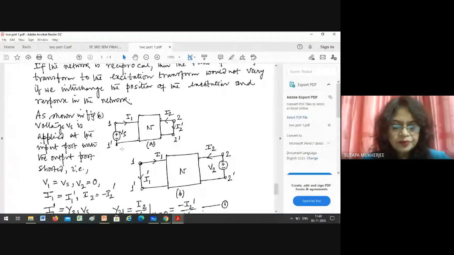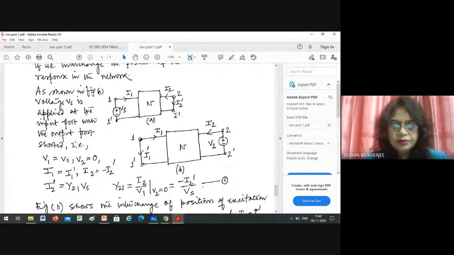This is the input port, this is the output port, and the output port is shorted. So V1 equal to Vs and V2 equal to 0 because the output port is shorted. I1 equal to I1 dash, and I2 equal to minus I2 dash because of the directions.